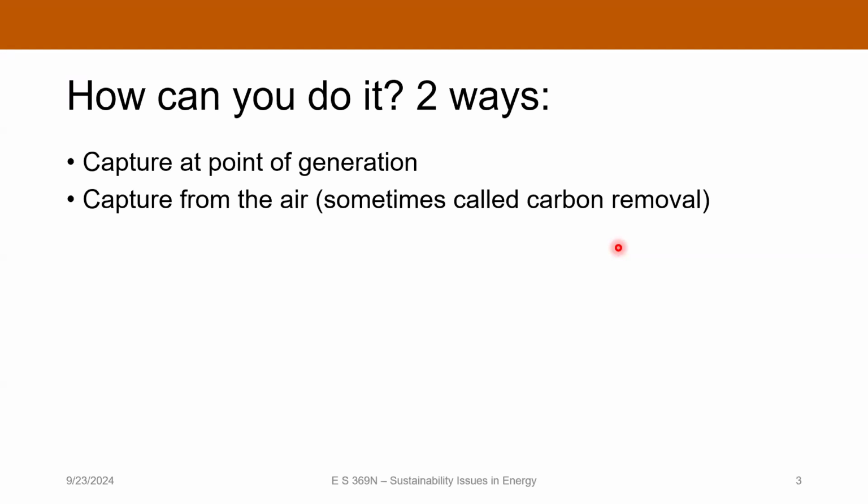And when you're looking at removing it just from the ambient atmosphere, that's called carbon removal. So there's a little bit of nomenclature; the distinction is maybe not as important as you might think it is, but at least just knowing what the nomenclature is is very important. Okay, so that's the general term.